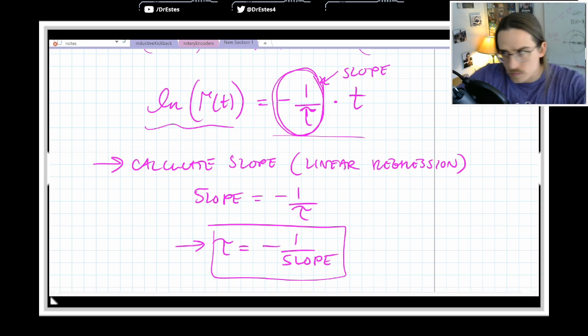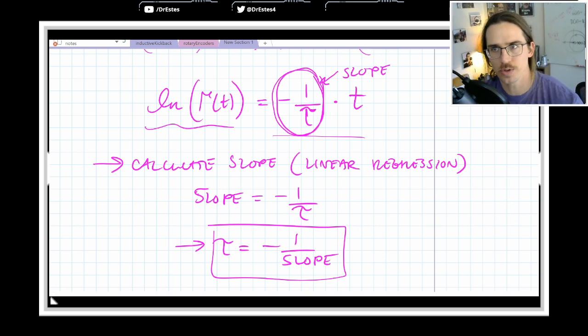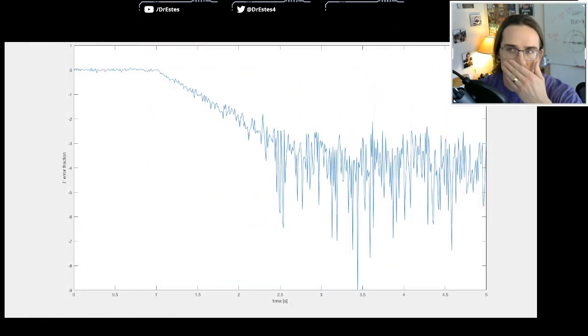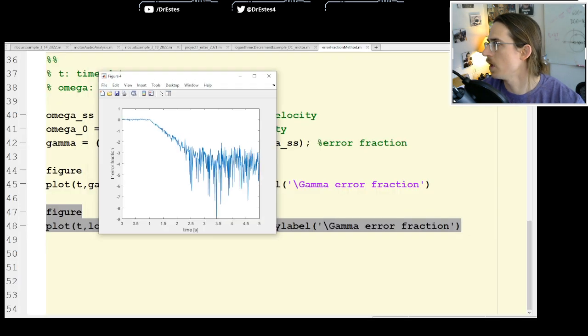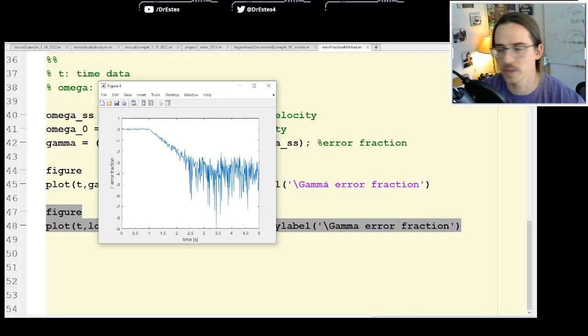So I want to show you a little trick in Matlab. Let's go back. Okay, so as a lot of you know, there's different ways to do a linear fit.